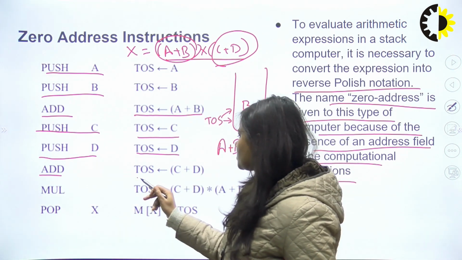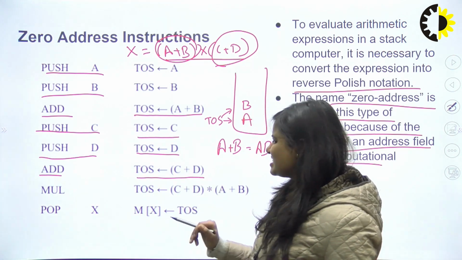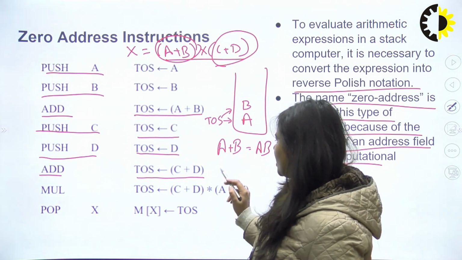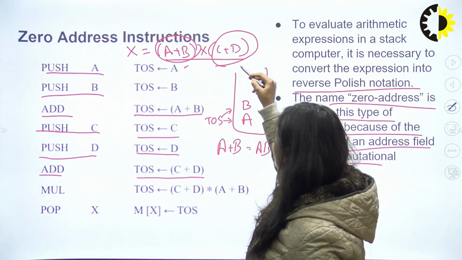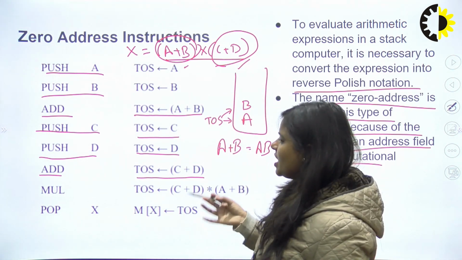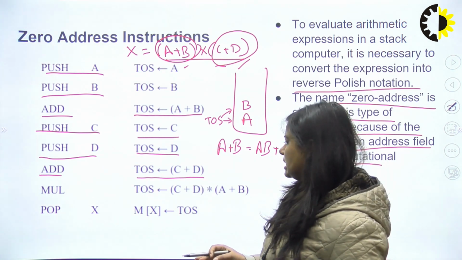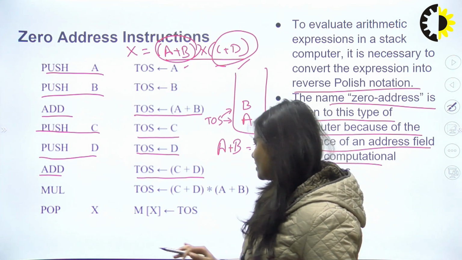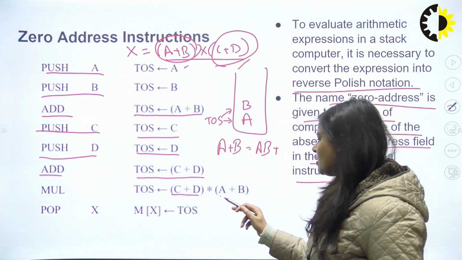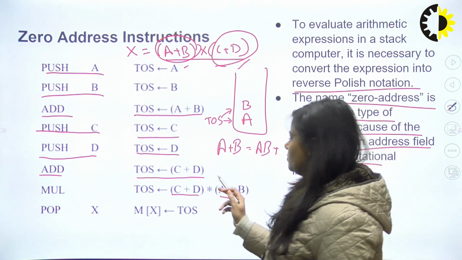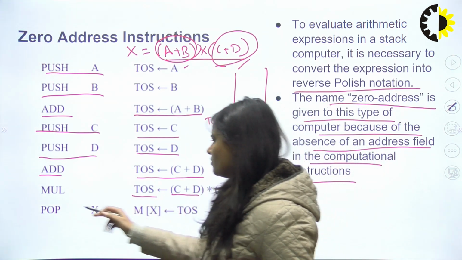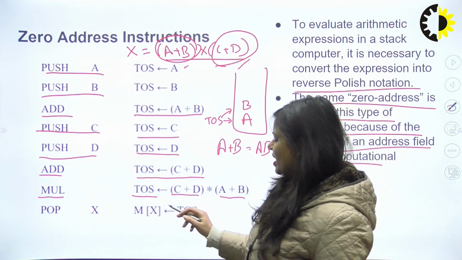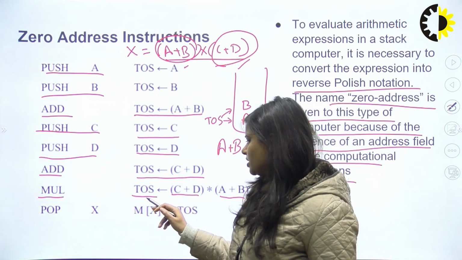So the top of stack now indicates C + D, the resultant of C + D. What do we have to do now? We already have A + B, and now we have resolved the C + D part. We have to multiply both contents and put the final solution at the top of stack. So (C + D) multiplied by (A + B), and the resultant is put into top of stack with the help of the MUL instruction. Now the final resultant is held in TOS.